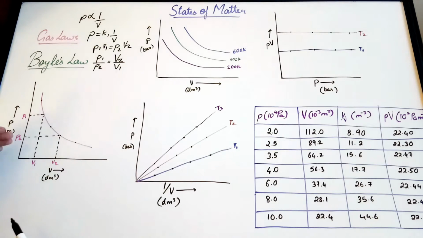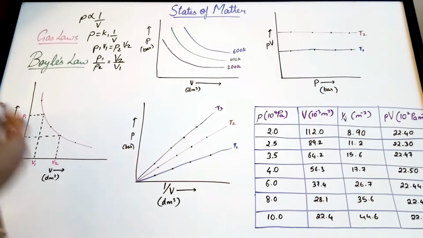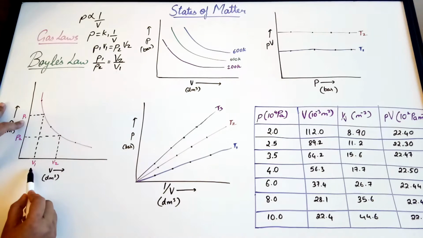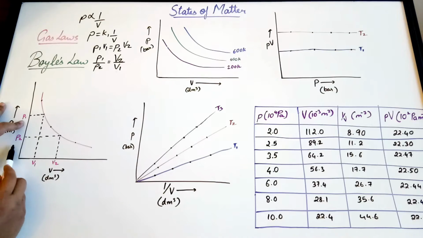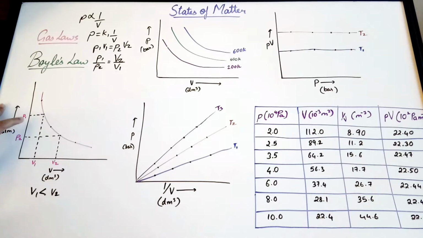At a pressure P1, the volume of the gas is V1, and at pressure P2, the volume of the gas changes from V1 to V2. So from here, it is pretty obvious that V1 is less than V2, and P1 is greater than P2.